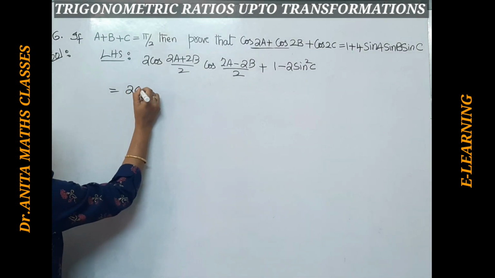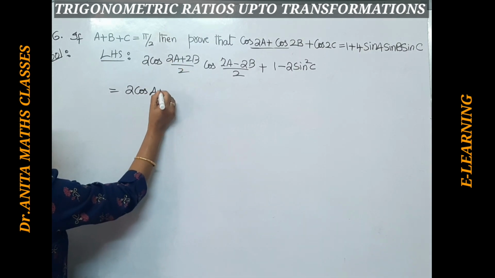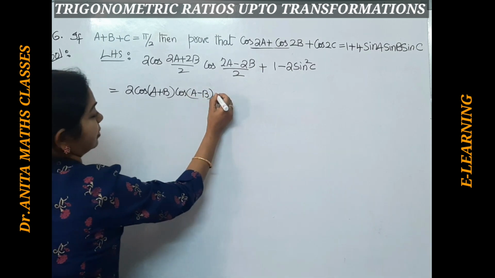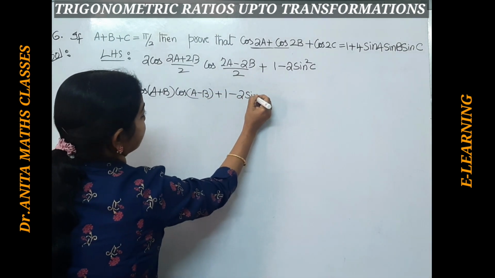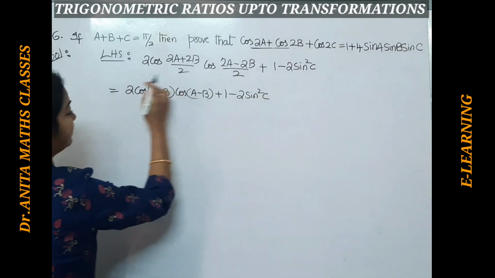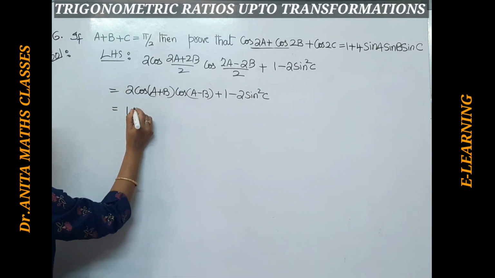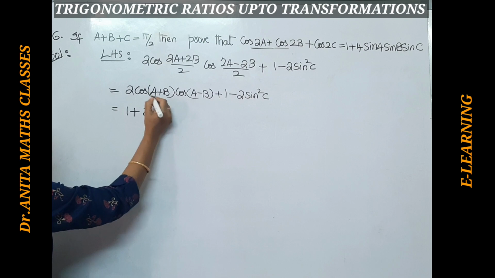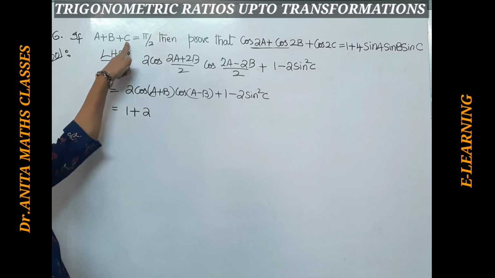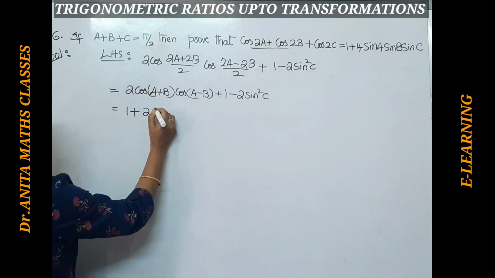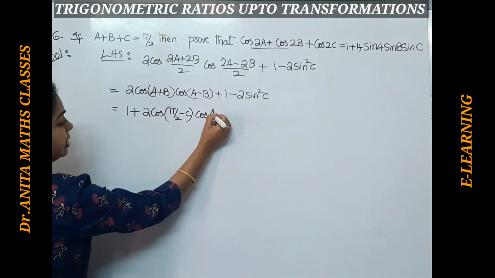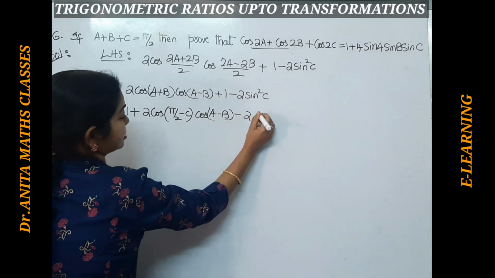So here this becomes 2 cos, 2 goes off, so A plus B, and cos A minus B can cancel off 2, plus 1 minus 2 sin square C. Now cos A plus B, A plus B I can write as pi by 2 minus C here. So this becomes cos (pi by 2 minus C) and cos A minus B, minus 2 sin square C.